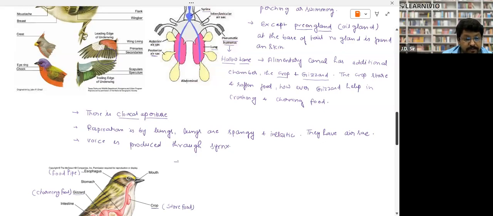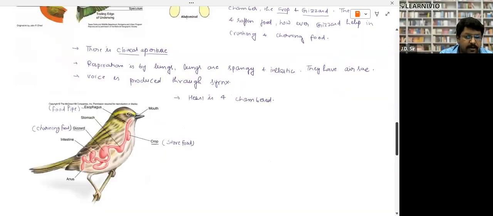Heart is four chambered. So they have four chambers in their heart. Amphibians and reptiles had three chambers in their heart, but birds have four chambers, right? And they are warm blooded as well. Means like us, their blood temperature does not change with the external temperature.